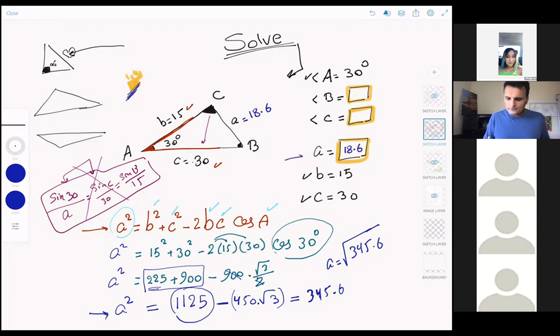So now we need to solve for the measure of the angle C and the measure of B. We know when we add them up, we're going to get 180, but you have two unknowns. So you need to use law of sine and law of cosine again.